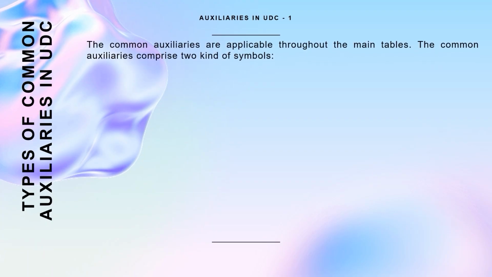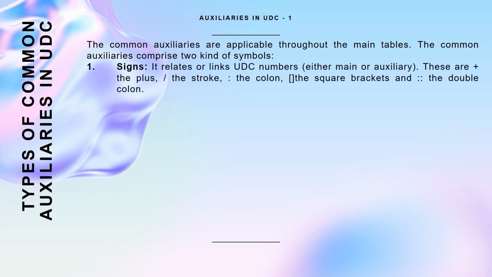So the first one, types of common auxiliaries in UDC. The common auxiliaries are mainly the auxiliaries which are applicable throughout the main tables. The common auxiliaries comprise two kinds. They basically use two kinds of symbol. First one is common auxiliary sign. Basically this common auxiliary relates or links UDC numbers, either main or auxiliary.